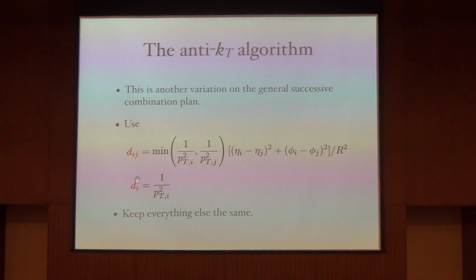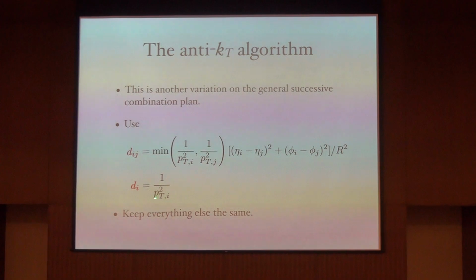Okay, and then there's one more I'm going to show you. That's called the anti-kT algorithm. And that's a variation on the same successive combination plan. But now the Dij is the minimum of 1 over pTi squared or 1 over pTj squared, times the same angular distance.